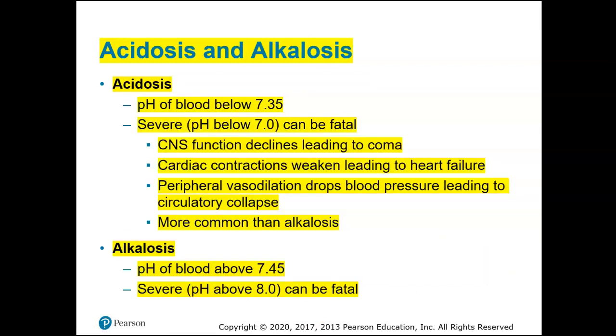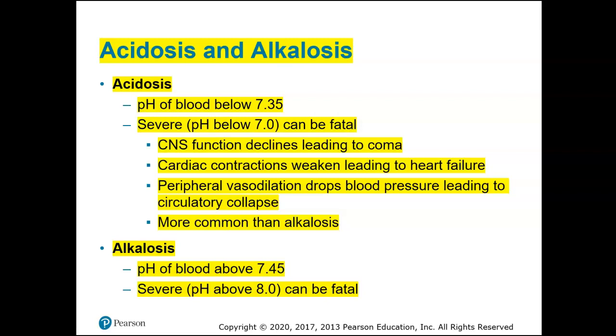Now, the condition that's called acidosis occurs when the pH of the blood is below 7.35. If acidosis is severe, meaning the pH is below 7, this can be fatal. In severe acidosis, the central nervous system function declines, and a person can go into a coma. If you've heard about acidosis, more than likely you've heard about the condition DKA, or diabetic ketoacidosis.